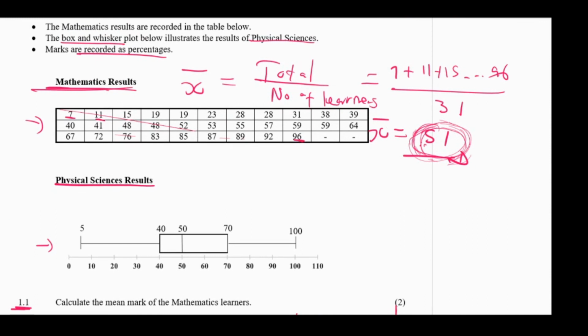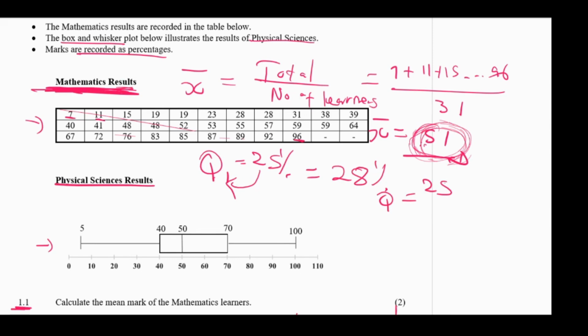How we can find out is we can find the 25%, which is Q1, the lower quartile of maths, and you'll find that the lower quartile will give you 28%. How do you find the lower quartile? You say Q1 is equal to 25% divided by 100, multiplied by 31 learners plus 1.